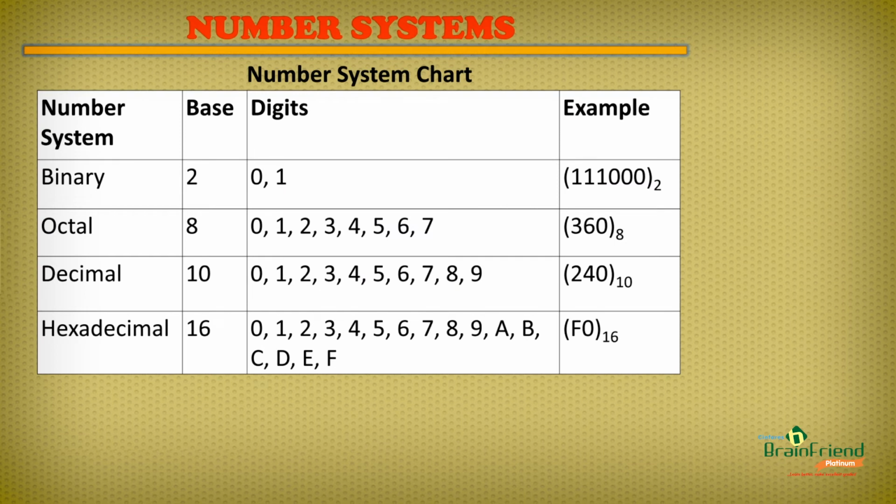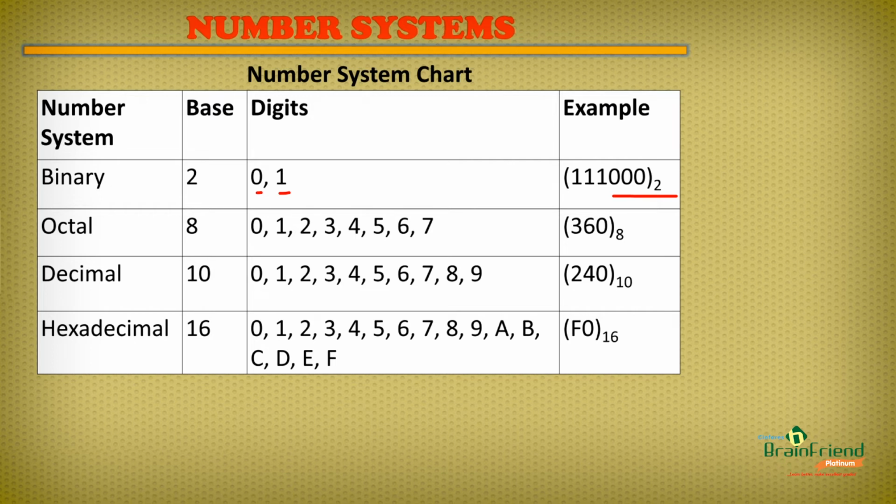As I have said earlier, the binary number system consists of 2 digits, which are 0 and 1. An example of a binary number is this. Then the octal number system, which is in base 8, beginning from 0 to 7.